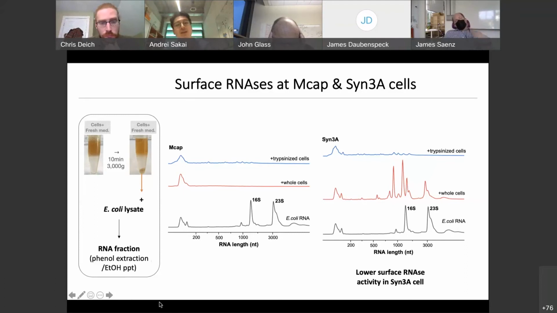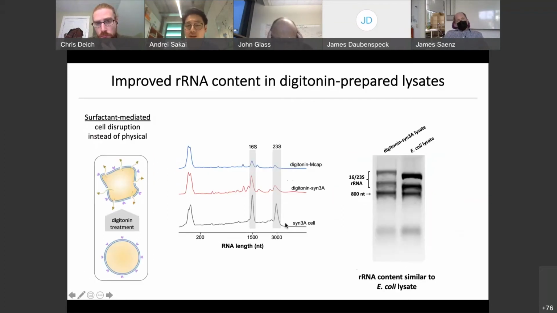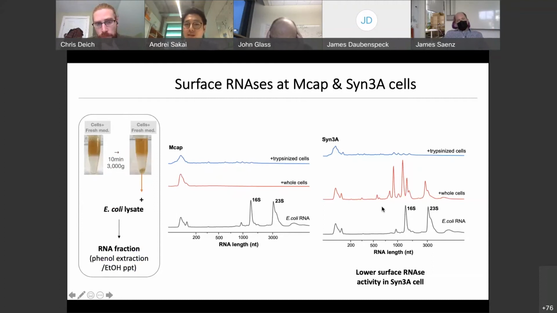And then we analyzed the final fractions of RNA. And what you can see here is that when we add these whole cells of Mycoplasma capricolum, you don't see the ribosomal RNAs anymore. So it means that we have a very strong nuclease activity coming from the surface of the cells.